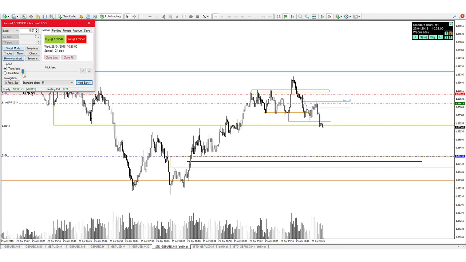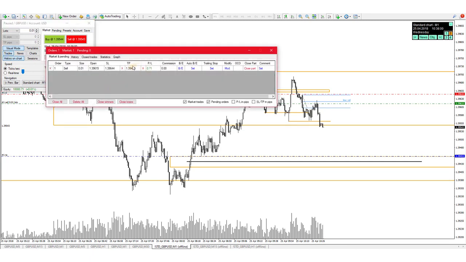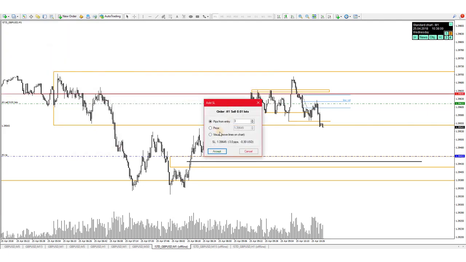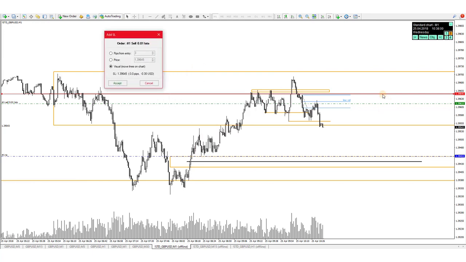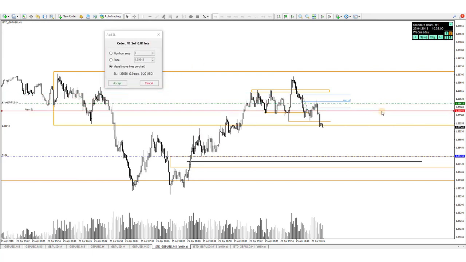So what I'm doing, I am in this moment trying to secure my profits because I already made something. So I want to move my stop loss into profits, and let's say above this here.